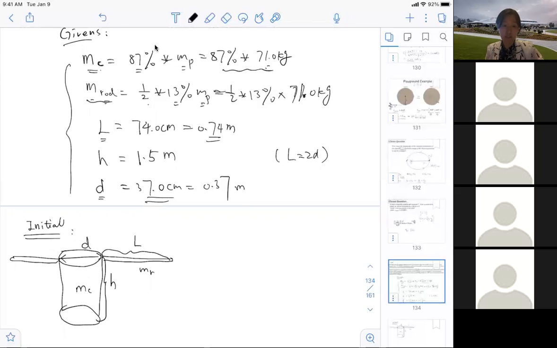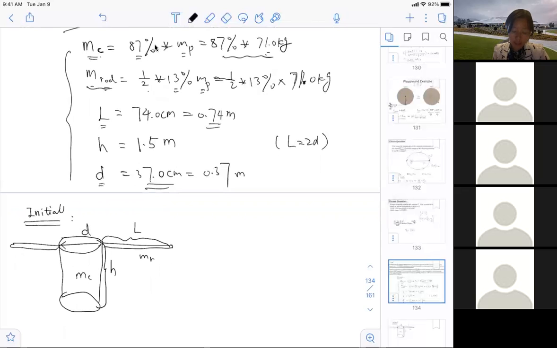So let's calculate the rotational inertia for our initial and final. This is my initial. I know my initial rotational inertia is the cylinder plus the rod, and I have two rods, right? Now, the cylinder is easy.